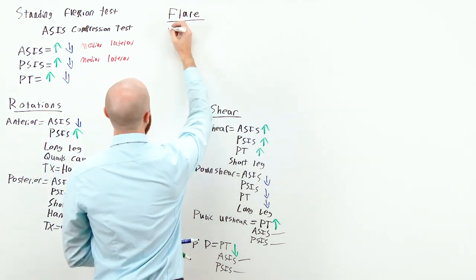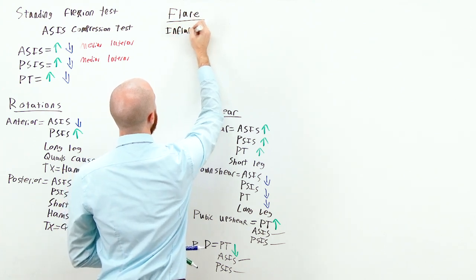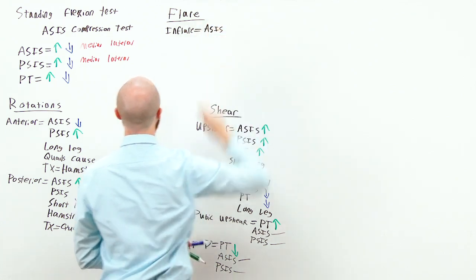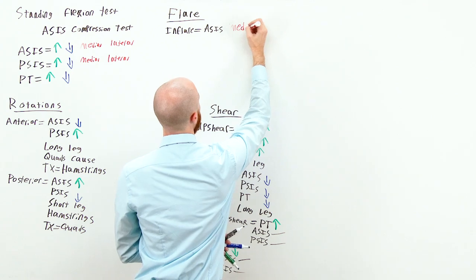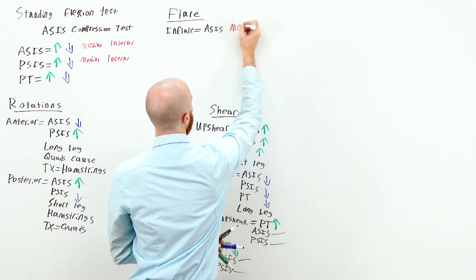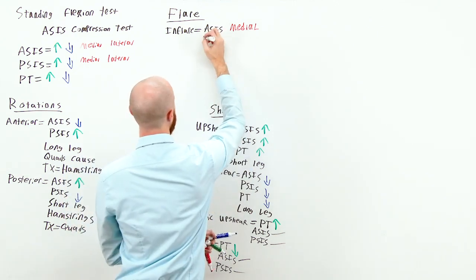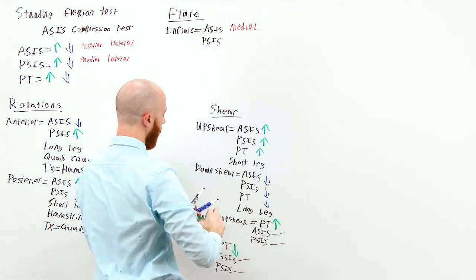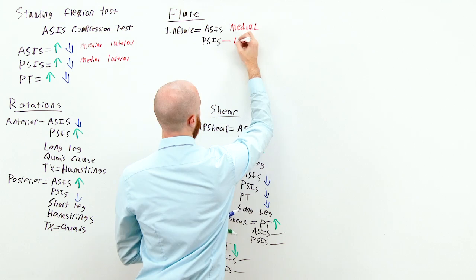So for these findings, in flare, your ASIS is going to be medial on the side of dysfunction, and your PSIS will either have no findings at all or will be lateral.